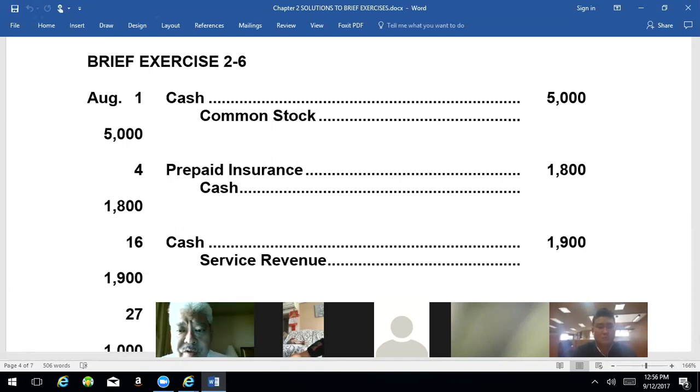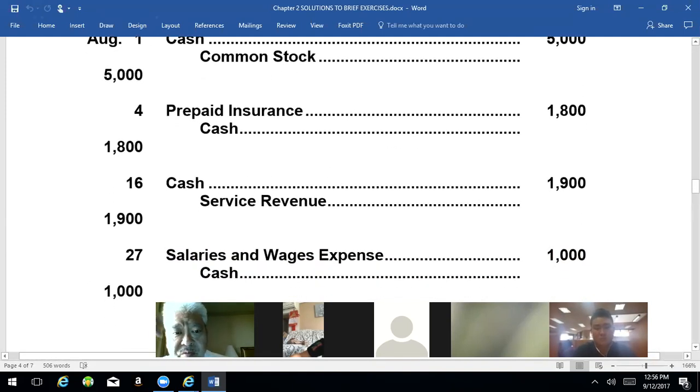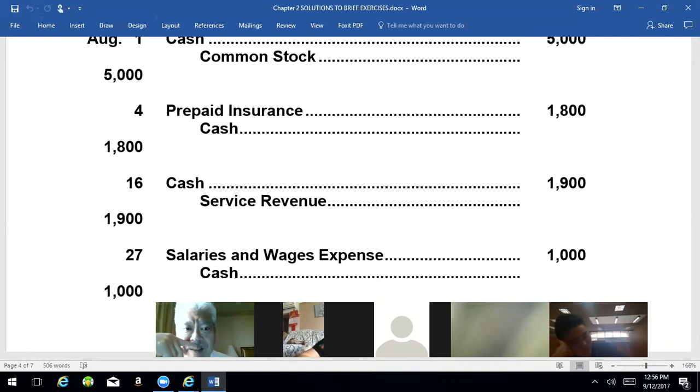Then we have something called prepaid insurance. So we bought this insurance in advance. Supposedly we could get it refunded, that's the idea, but that's not necessarily true. But the idea is that we could get a refund for the cash that we paid for the insurance if we decide to cancel it.